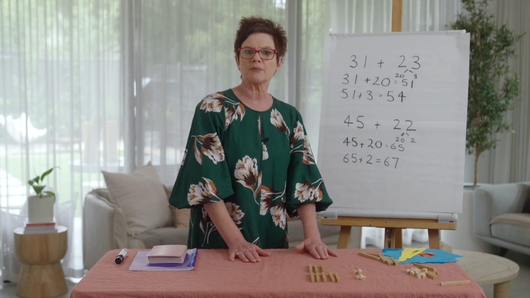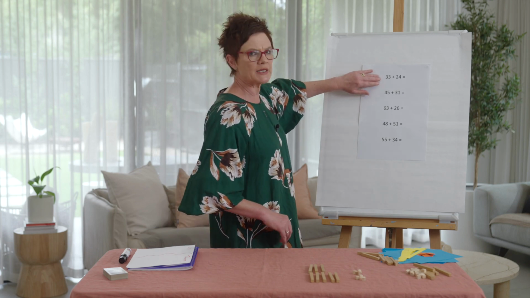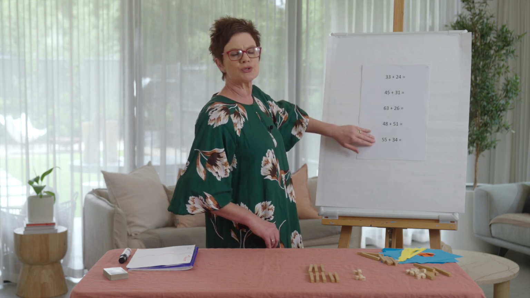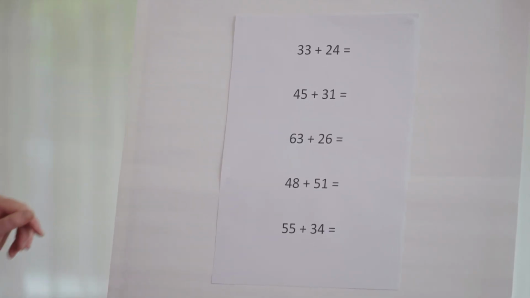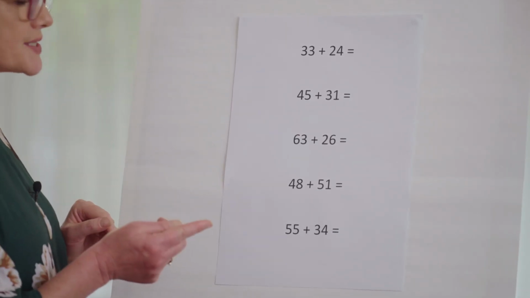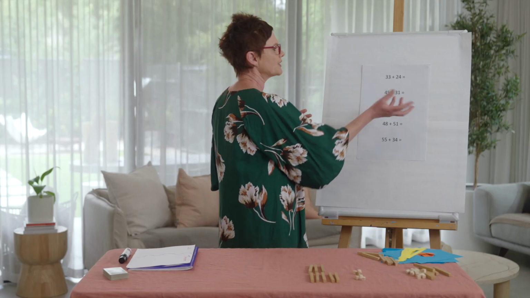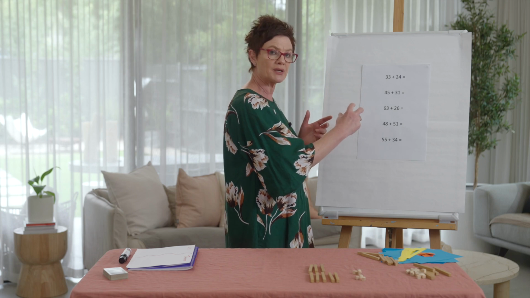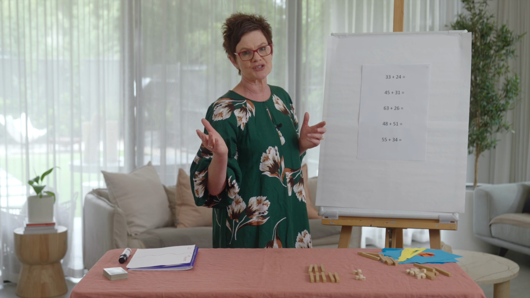Okay, let's think about what your doing task might be. Here is our doing task. Here are 5 glorious sums for you to pop into your learning book. And remember, we need to find the smallest number to partition into tens and ones and bring them over to the larger number to make that efficient addition sentence and strategy.